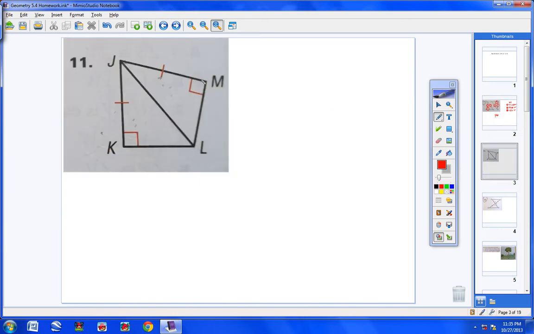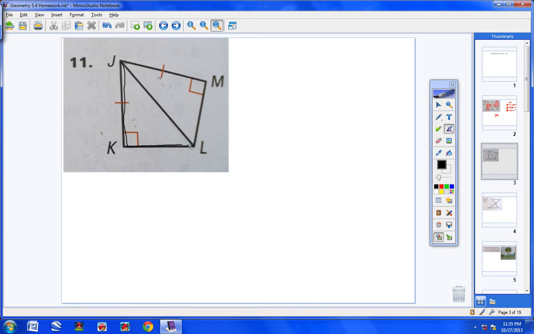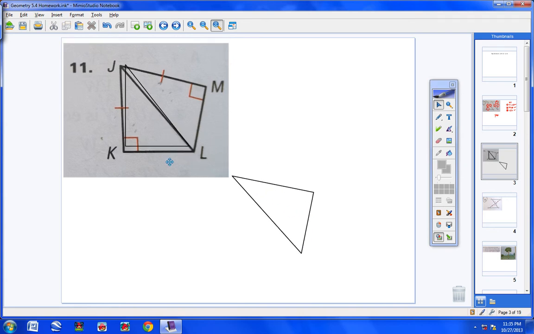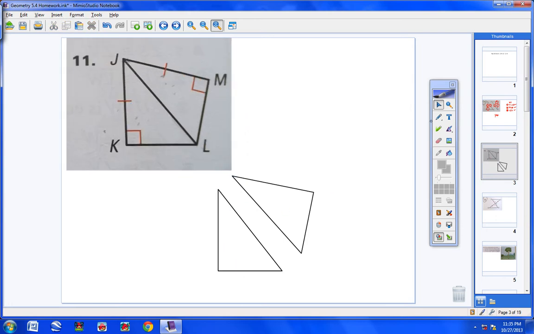All right, number 11. I'm going to very quickly, like I usually do, separate these two triangles. And here we go.